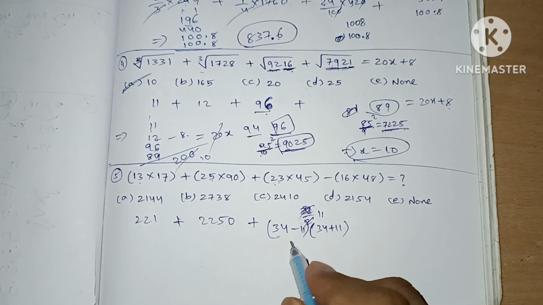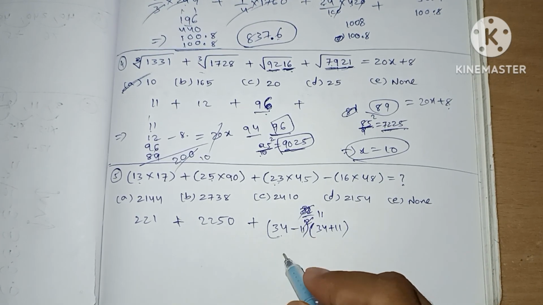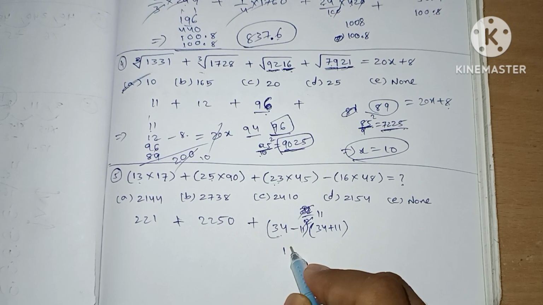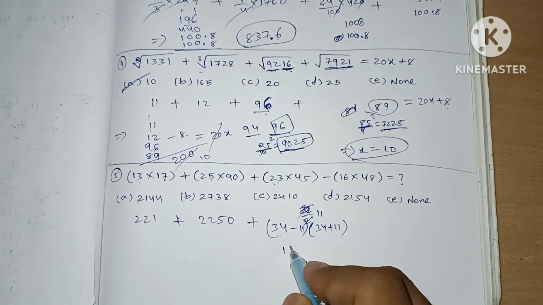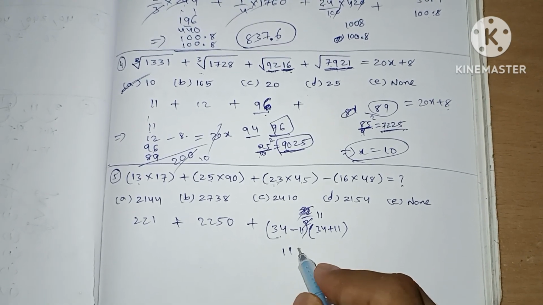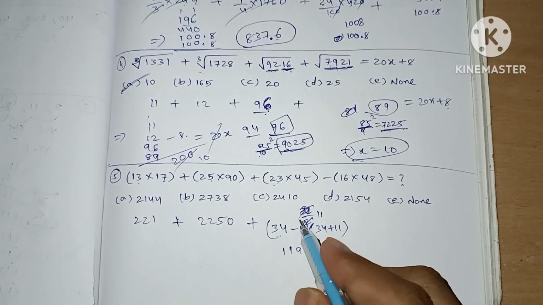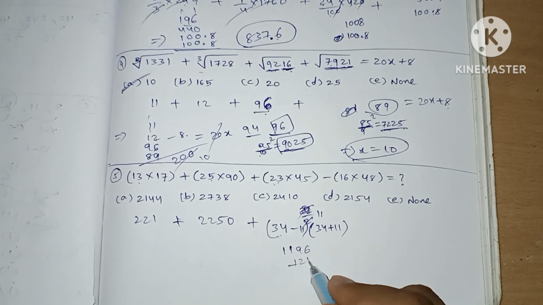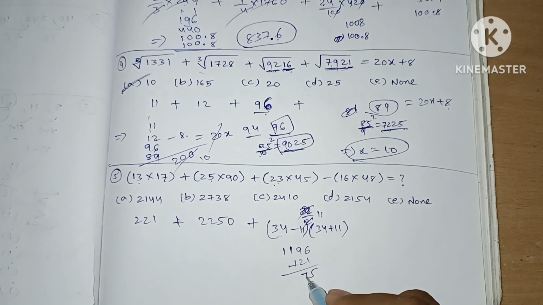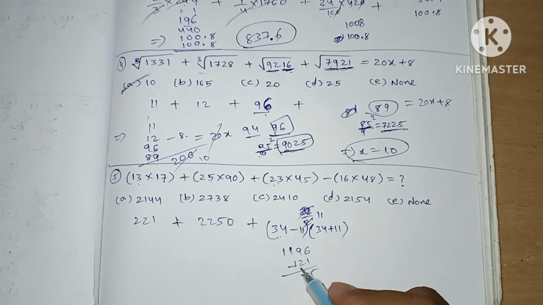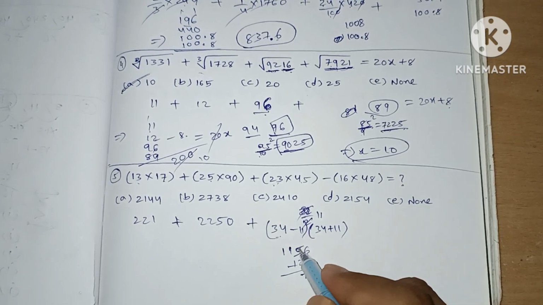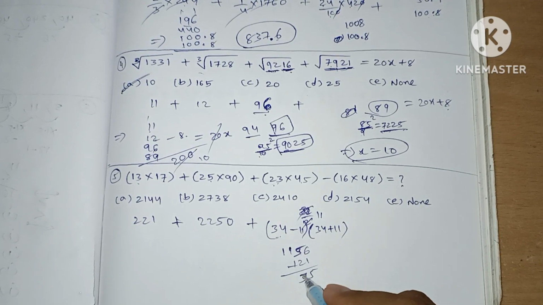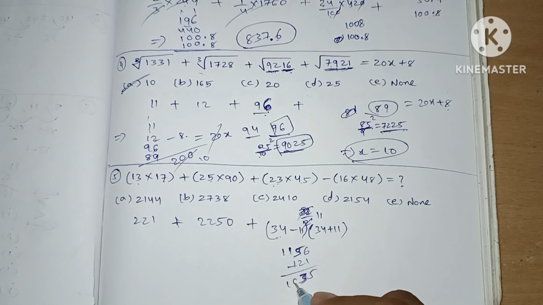Okay, now 34 square value is 1156. Wait a second, 34 square value is 1156. Then 1156 minus 11 square, 121, we get 1035.